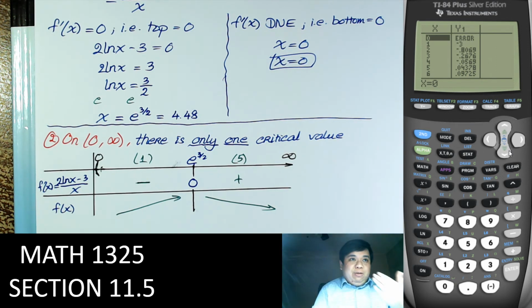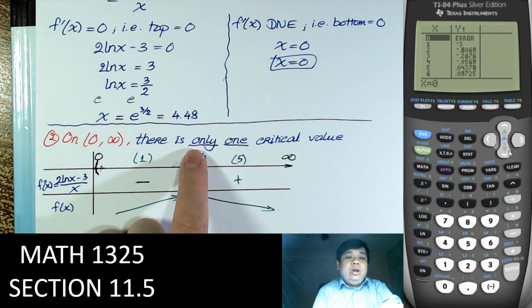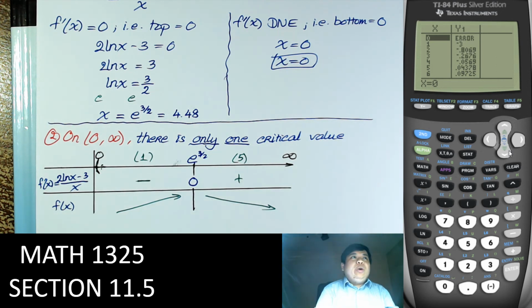Now if the function goes like this, it's guaranteed to be a local maximum here, and not only local maximum, it is absolute maximum because there's only one critical value, right? So we can use the second or the first derivative test, because the first or second derivative test will give us the local maximum or local minimum.